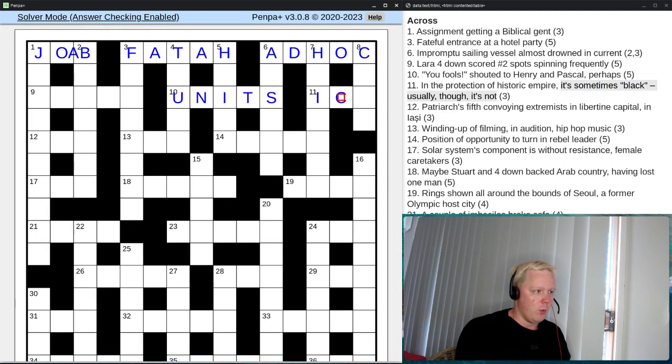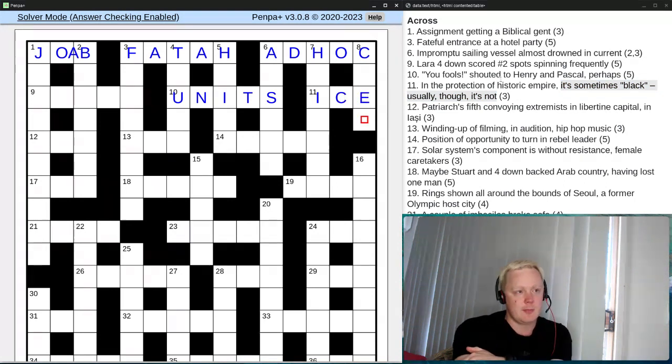And the reason why it's defined in such a weird way is that there's another answer here, which is ice with 1 extra letter. And that is going to have the same wordplay. So it's still in the protection of, this is the hidden word indicator, still a hidden word inside these words, historic empire.